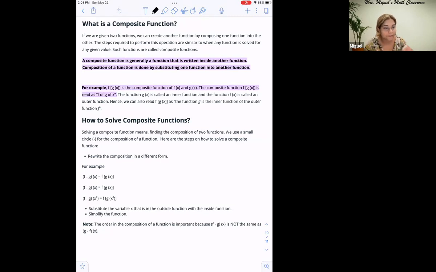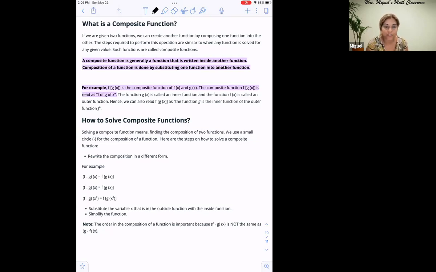So a composite function is generally a function that is written inside another function. So don't get confused just yet. You remember, as I said previously, the constants stay the same. The only replacement or substitution that you can do is where you see that variable x. That is the only way you can substitute anything in that function.